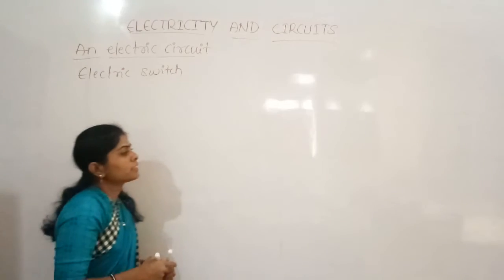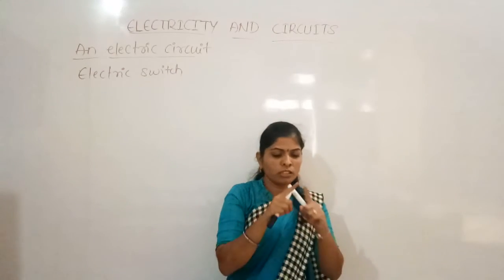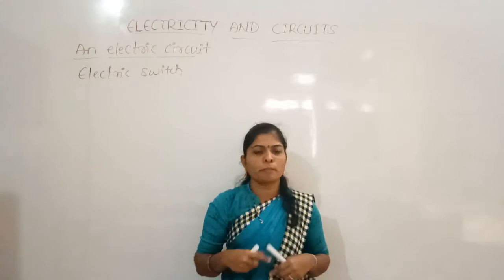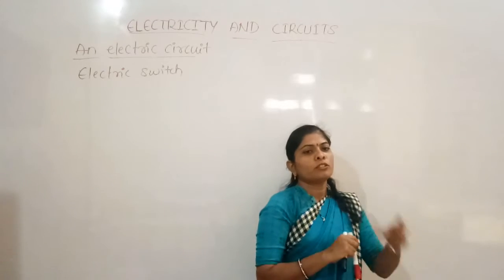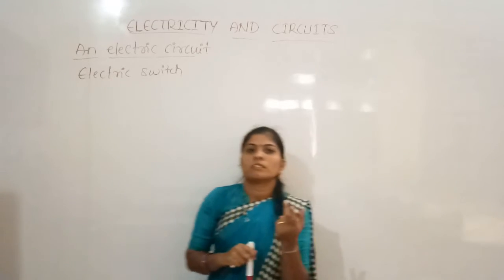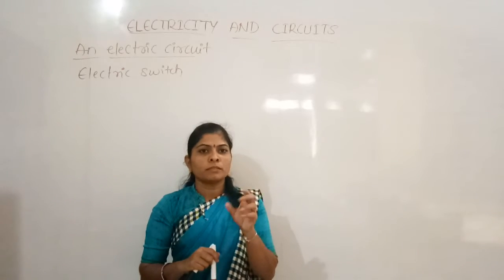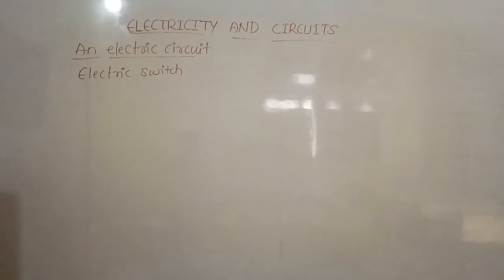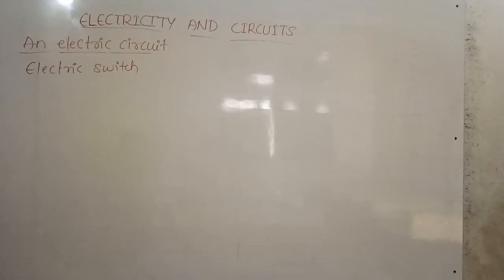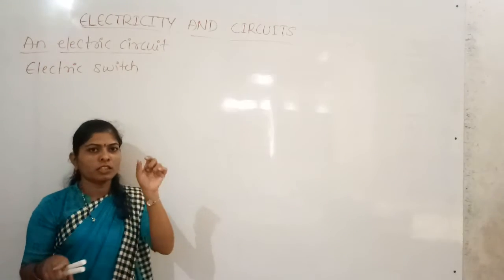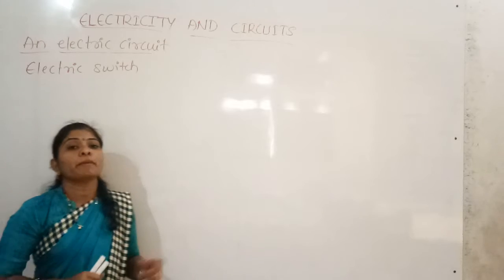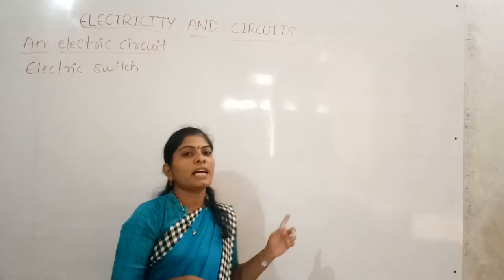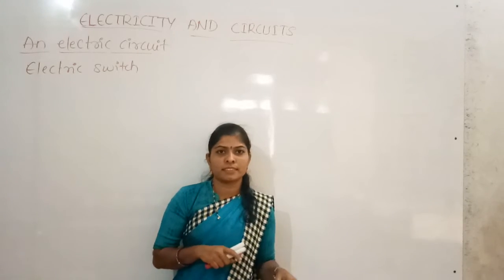To prepare this you need a piece of thermocol, and then we can use pins. We need 2 pins, the drawing pins. You might have seen drawing pins on the notice board. They are made up of metals, and we know that metals are good conductors of electricity.